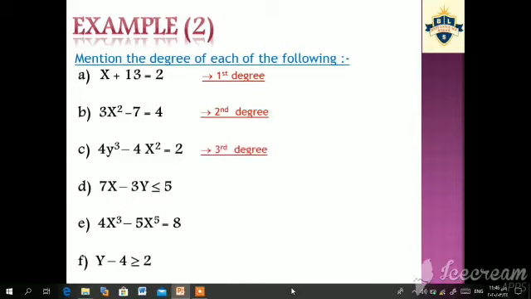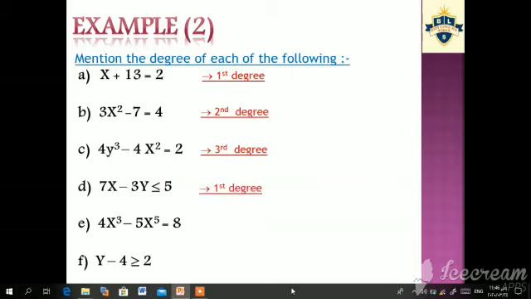Letter D, 7x minus 3y less than or equal to 5. This is an inequality of two variables x and y. The power of x is 1 and the power of y is 1. So we have two powers equal to 1. So the degree is first degree.